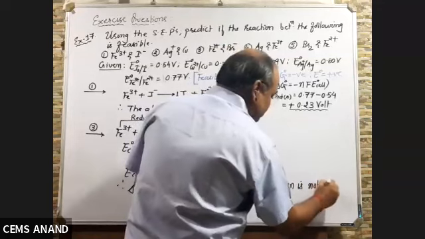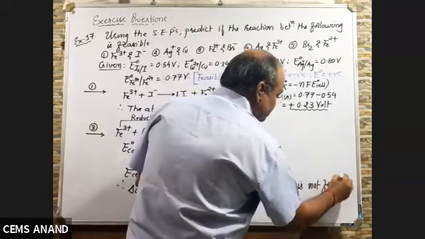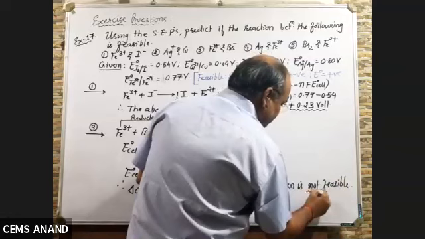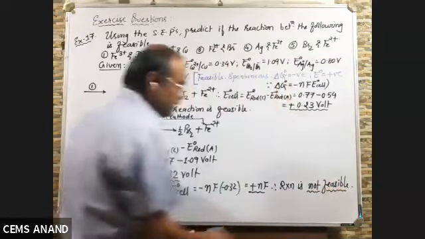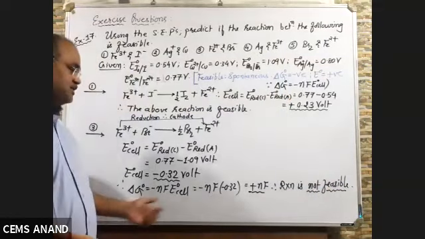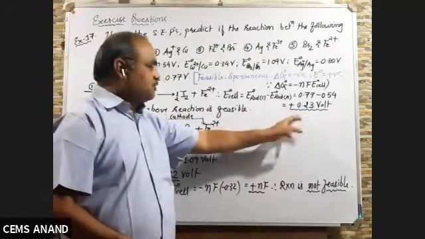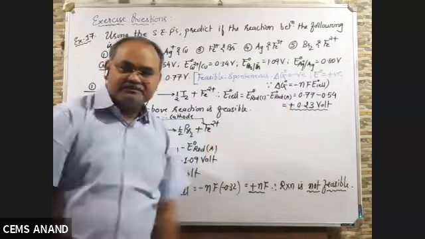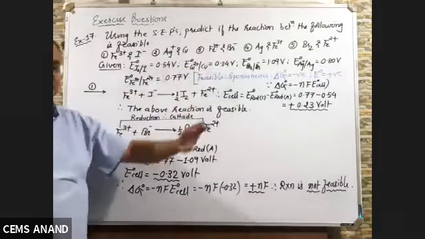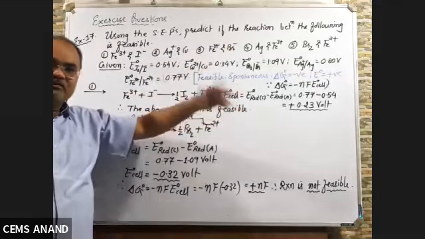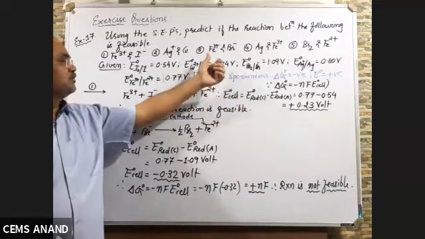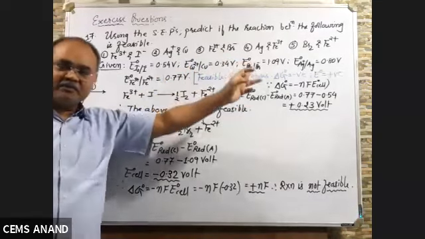You can say not feasible. Why not feasible? Because you are getting the value of delta G0 positive. If E0 is positive, you get the value of delta G negative. So the remaining three examples, you can solve and write in homework and give the screenshot on WhatsApp, whether the remaining are feasible or not.